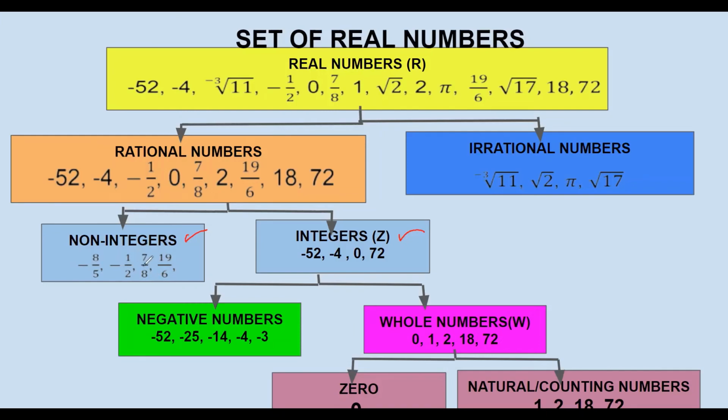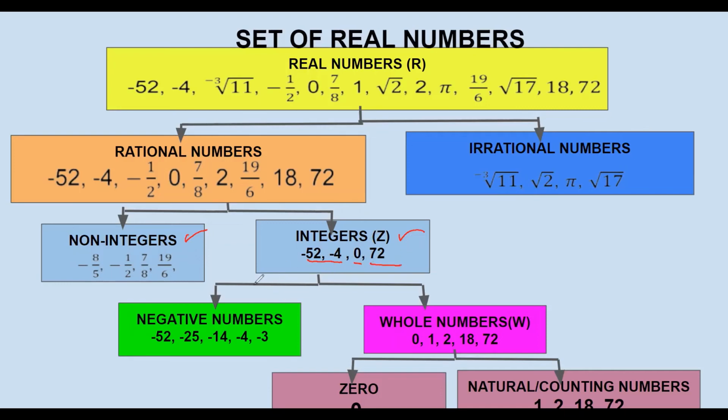So, yung positive na fraction at yung negative na fraction. Or basta fractions, it involves in integers. For the integers naman, of course, meron po tayong negative, meron tayong zero, and then positive numbers.